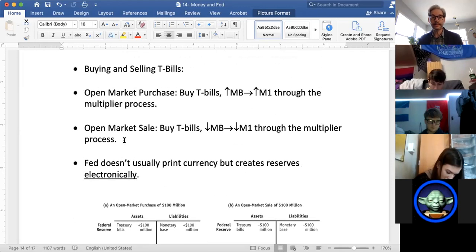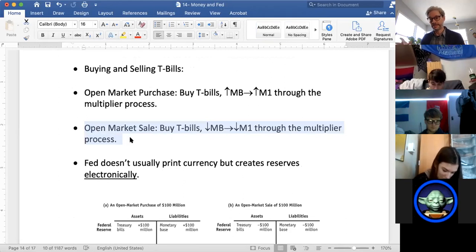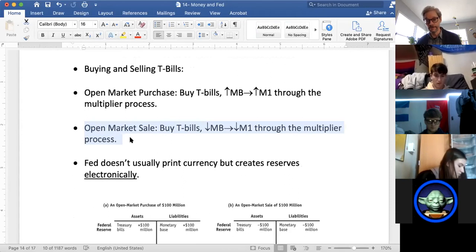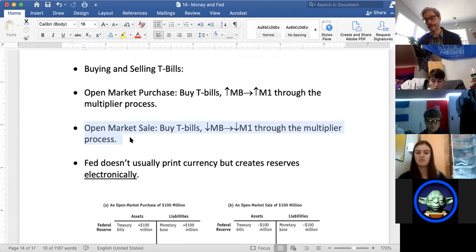What happens when the Fed conducts an open market sale? It's really the exact opposite. Now the Fed sells a T-bill, and they take money out of circulation and they make money disappear. When they do that, the money multiplier process works in reverse and the money supply goes down. Okay?